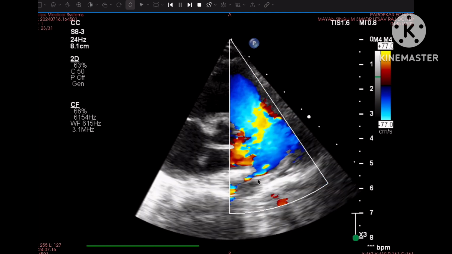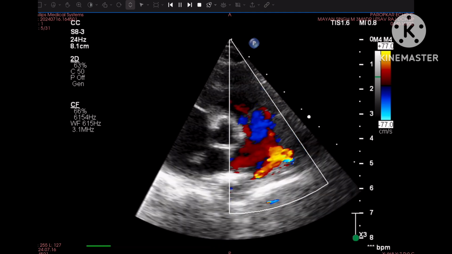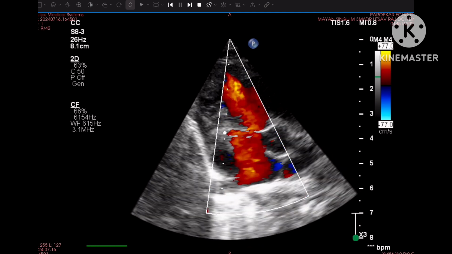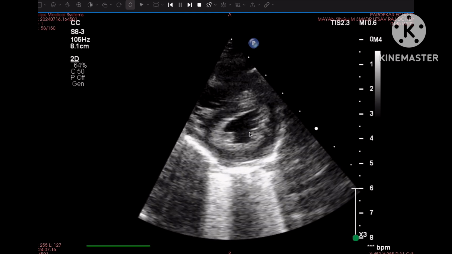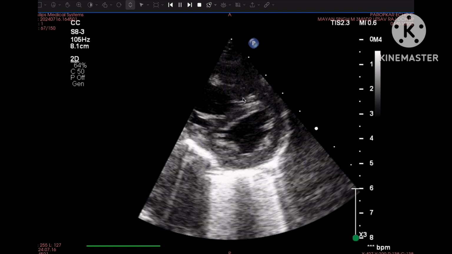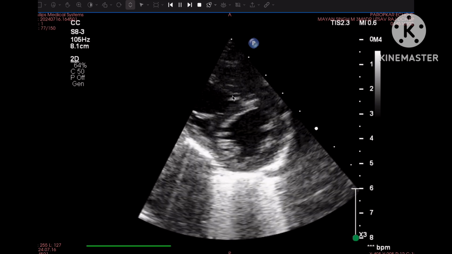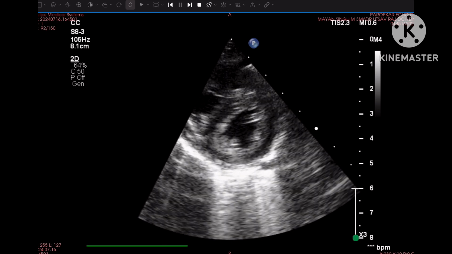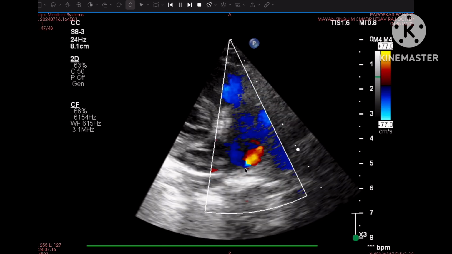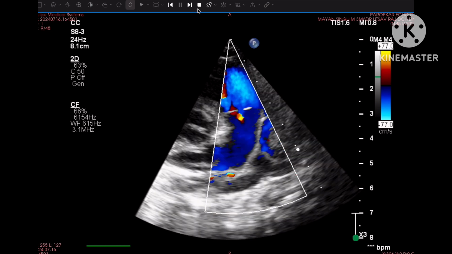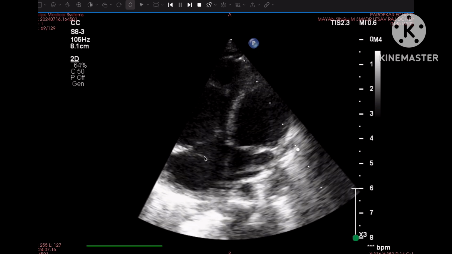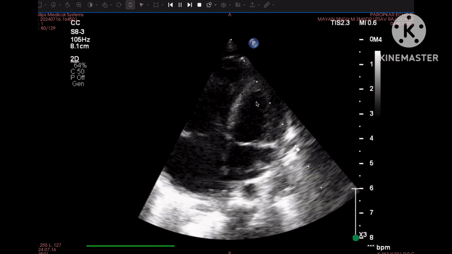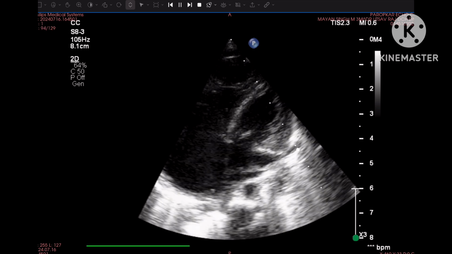You can see this PDA. D-shaped left ventricle indicating raised right ventricular systolic pressure, that means raised pulmonary artery systolic pressure. This is PDA, very small PDA, flow left to right. You can see right atrium, right ventricle quite dilated, left atrium, left ventricle is not dilated.